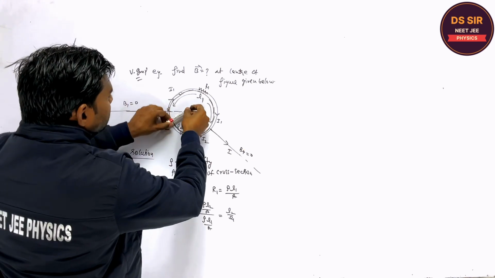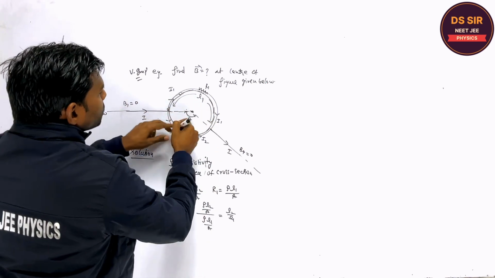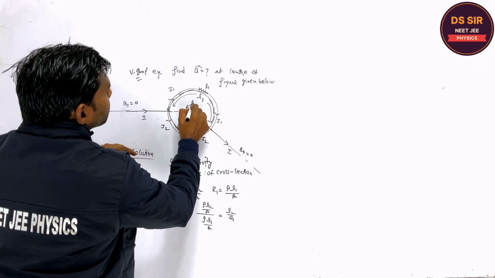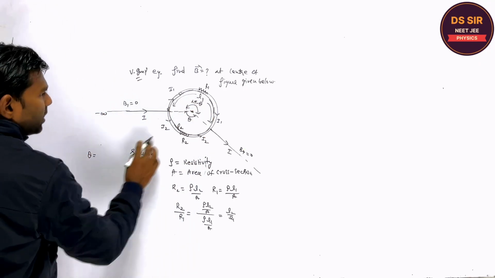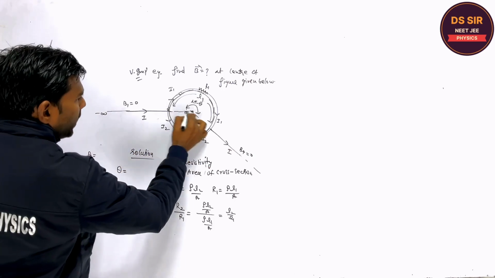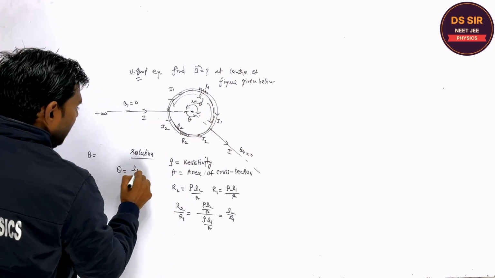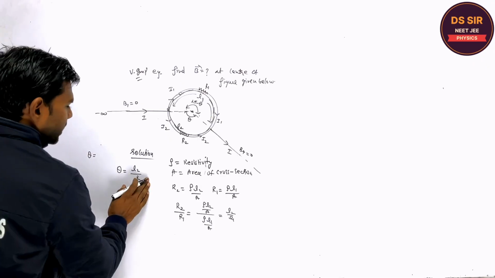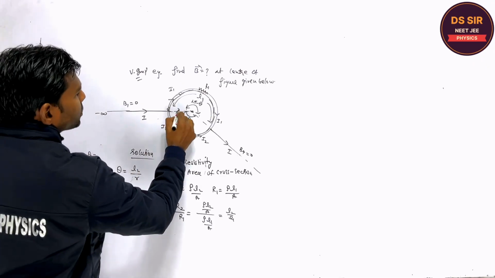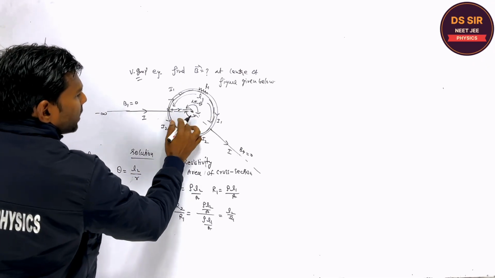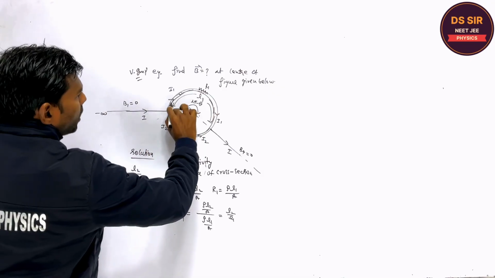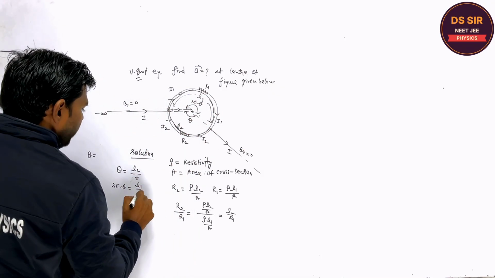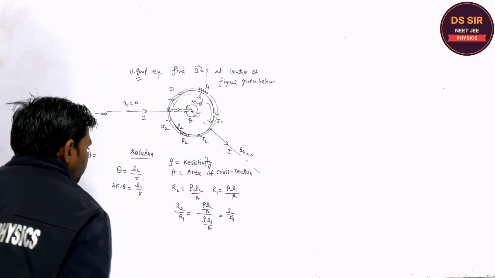Yes. If this angle made is theta, so what is this angle? 2 pi minus theta. So here angle is equal to arc upon radius. Is it clear or not? Assuming the radius is small r. And here the 2 pi minus theta angle is equal to arc upon radius. Is it clear or not?